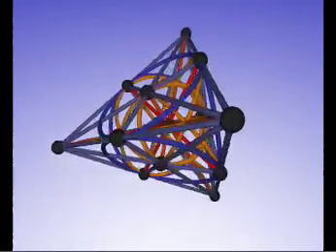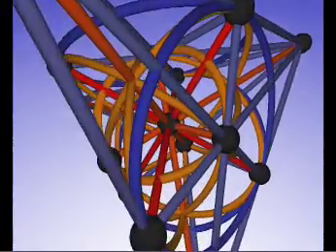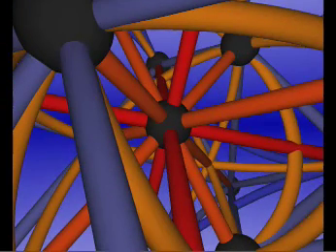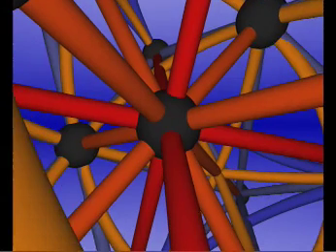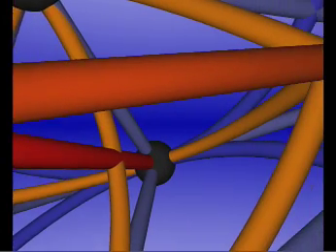Let's first have a look at the points. There are essentially 4 different kinds of points. There's the center of the tetrahedron. There are the centers of the 6 edges.